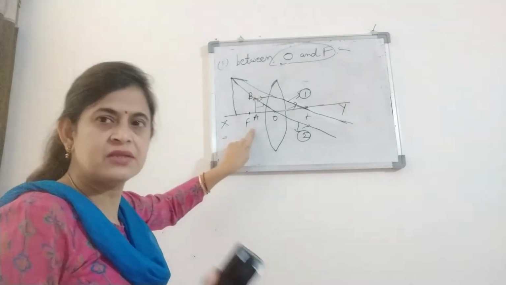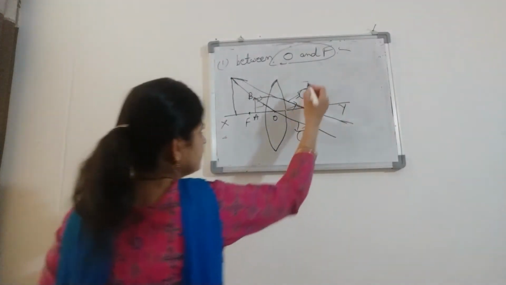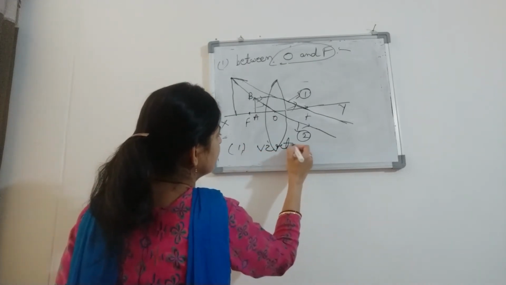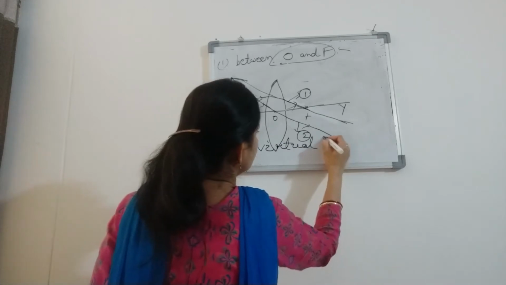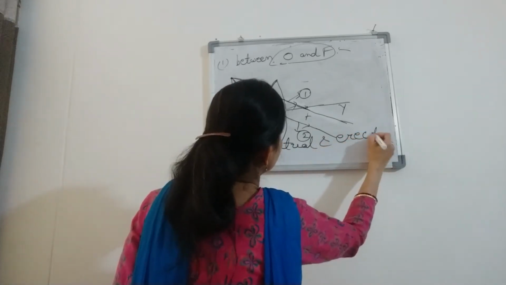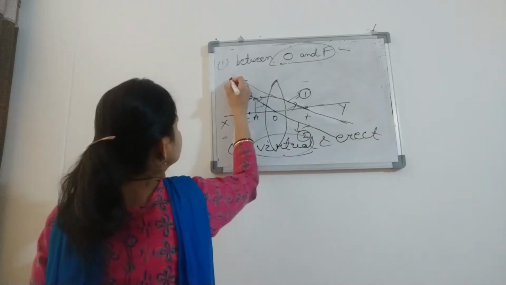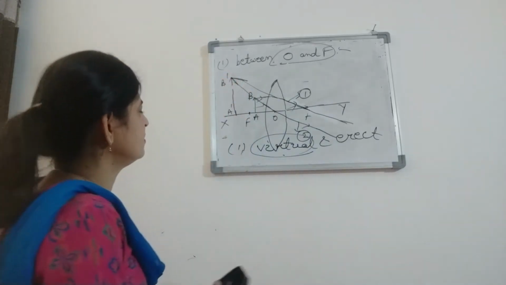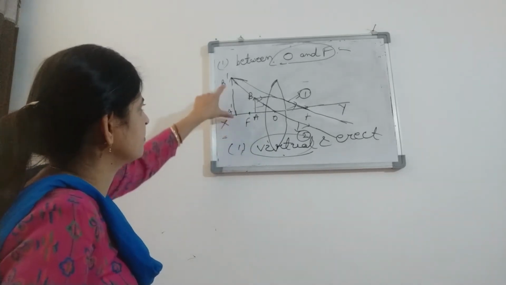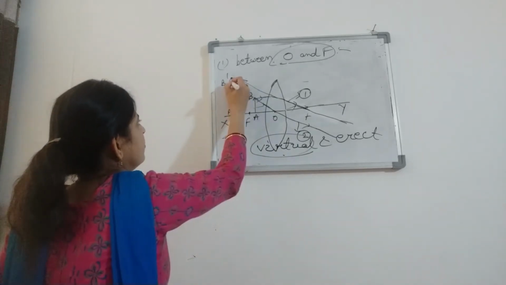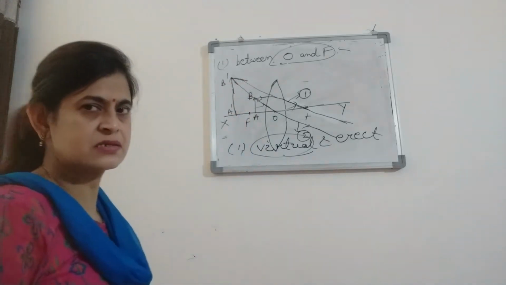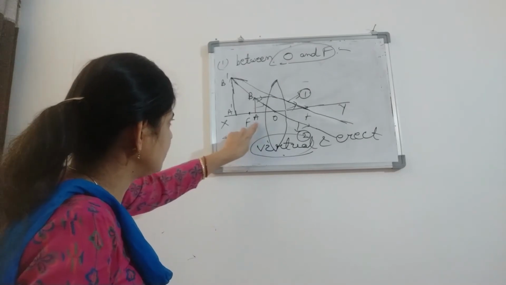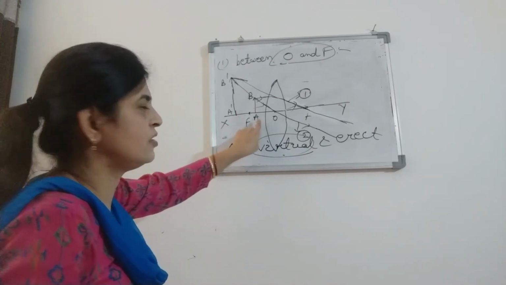That means, in other words, you can say that the nature of the image is virtual and erect. Suppose A dash B dash is the image formed by the convex lens. So virtual means the image is formed on the same side of the object.